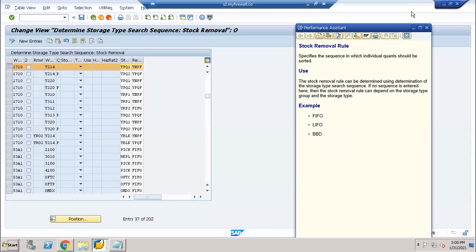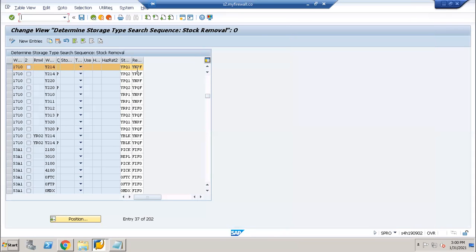It depends. If we have some product individually, we can do it by product, or we can do it based on the warehouse number and this particular search sequence. Generally we are not taking care of material type. We have defined a specific search sequence for this warehouse, followed by the particular storage type.